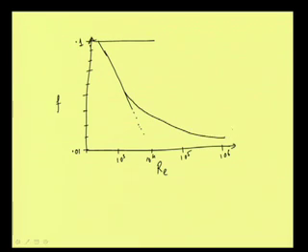For a value of epsilon by d, where epsilon is the roughness and d is the diameter, suppose it is a very small roughness, say around 1 by 1000, that means if the diameter of the pipe is 1000, then the roughness is only 1. It is a very small roughness, but still it becomes significant and influences the curve when the Reynolds number is increasing, or we can say when the flow is becoming turbulent.